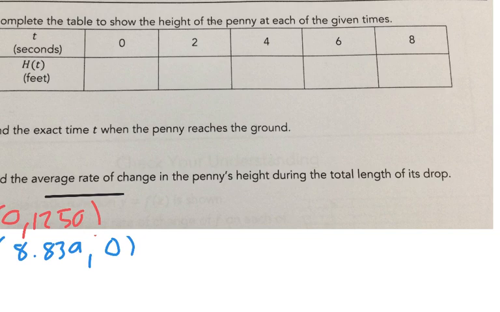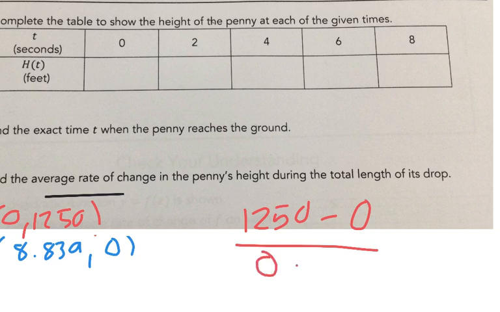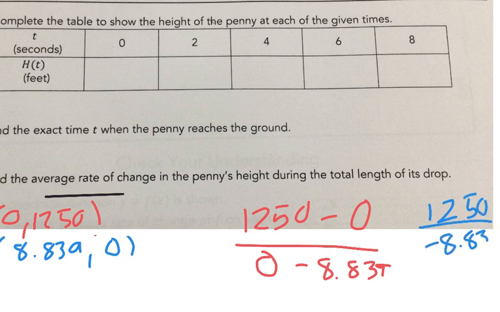And now I'm just going to plug into the slope formula. So this would be y2, 1250, minus y1, 0, over x2, 0, minus x1, 8.839. So this is 1250 over negative 8.839.